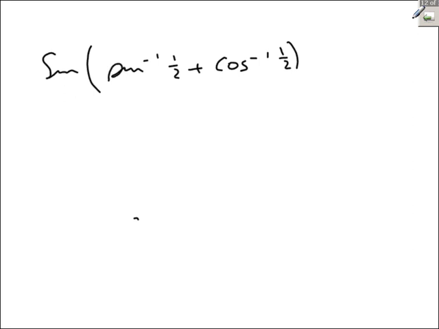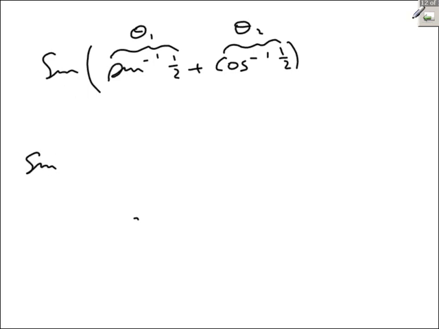Now, I guess you could use the rule for sine of x plus y, but let's not. Let's call this theta 1, because there are 2 angles. Call the first one theta 1, and call this theta 2. Let's find out theta 1 and theta 2.